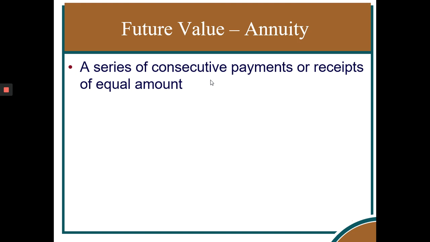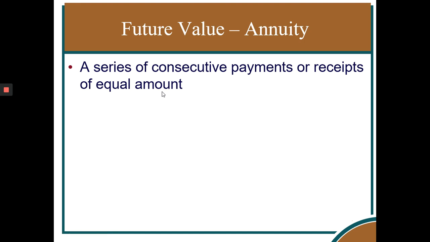If you invest 1,000, it means you invest each year 1,000: 1,000 year one, 1,000 year two, 1,000 year three, 1,000 year four. So a series of consecutive payments. It's not once, it's a series.